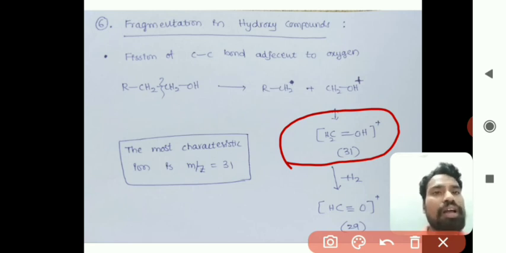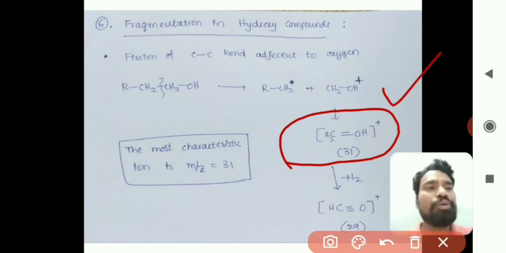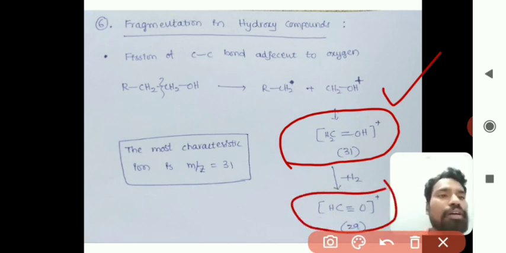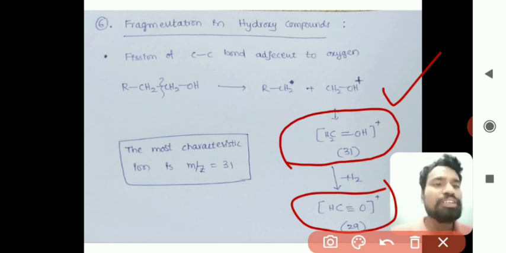So in all alcohols this CH2=OH+ peak would be there, because this is the characteristic carbocation formed in the fragmentation of hydroxy compounds, and also the m/z value 29, that is C≡OH+, would be there in alcohols.